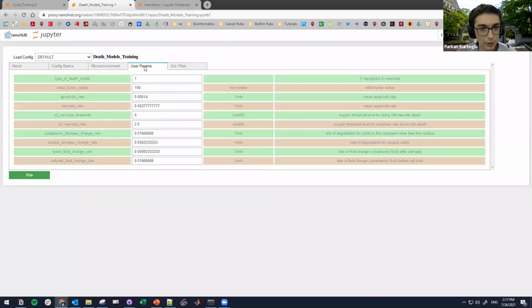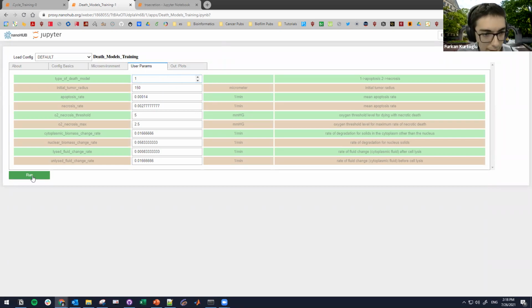Again, in the death model, we have a blob of cells that are dying according to the type of death. If you would like to use apoptosis, then it should be 1. Or if we see the cells with necrotic death, then we should use the second option.